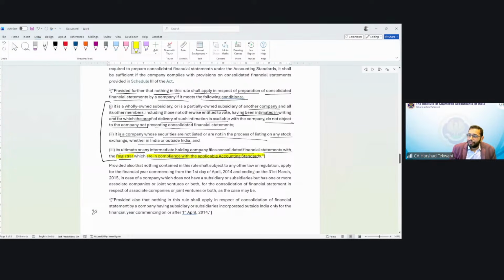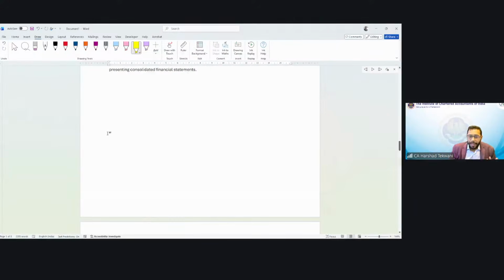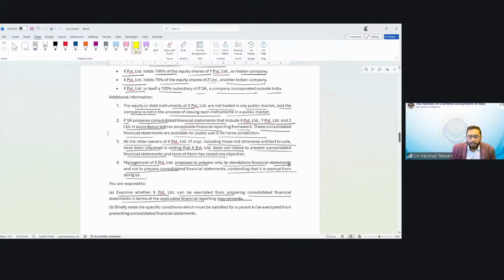This is the first exemption, which is given under Rule 6. Now, if this exemption is satisfied, that means the company can be exempted from preparing the consolidated financial statement. In our scenario, if you see, PSA Limited prepares the financial statements with an acceptable financial reporting framework, which is acceptable over there. Not the applicable accounting standard; acceptable and applicable to X Limited are both different. So it's not the case.